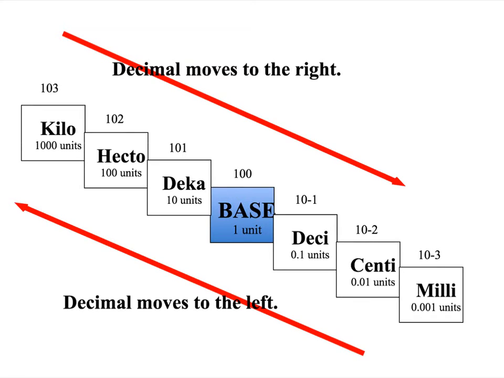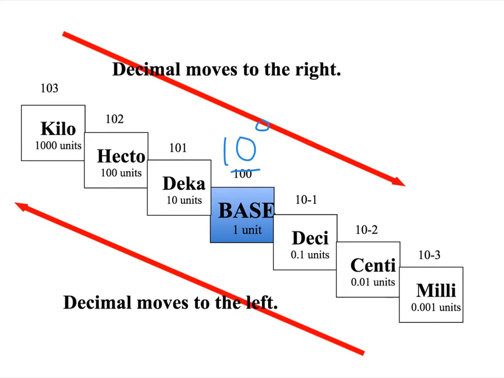And these are our prefixes for the metric system. Our base unit, meaning we have, like, say 1, is going to be 10 to the 0. I apologize for that bad writing there. That should say 10 to the 0 power.